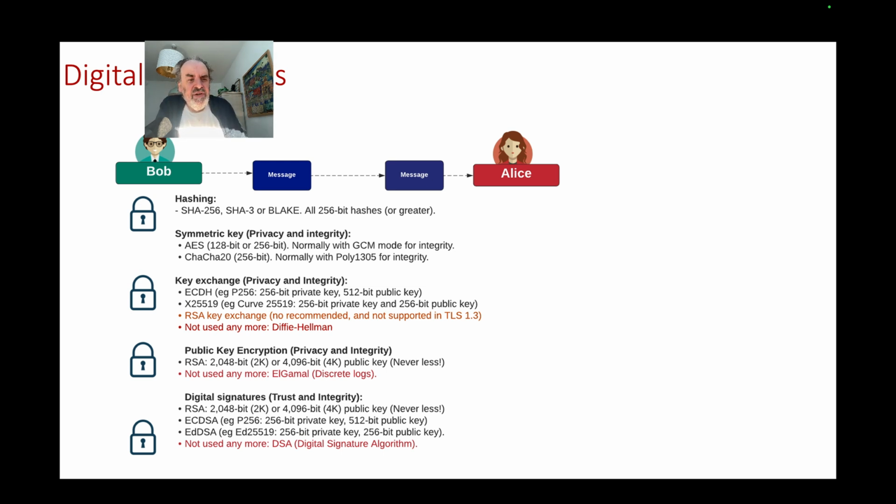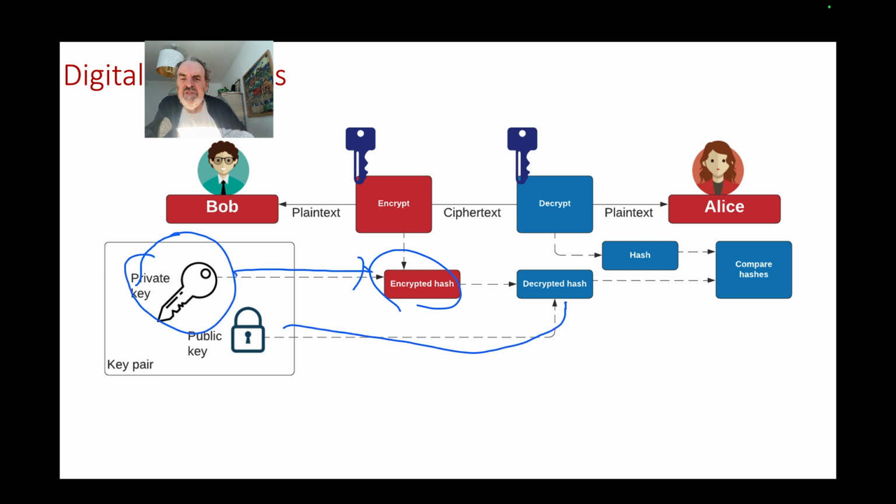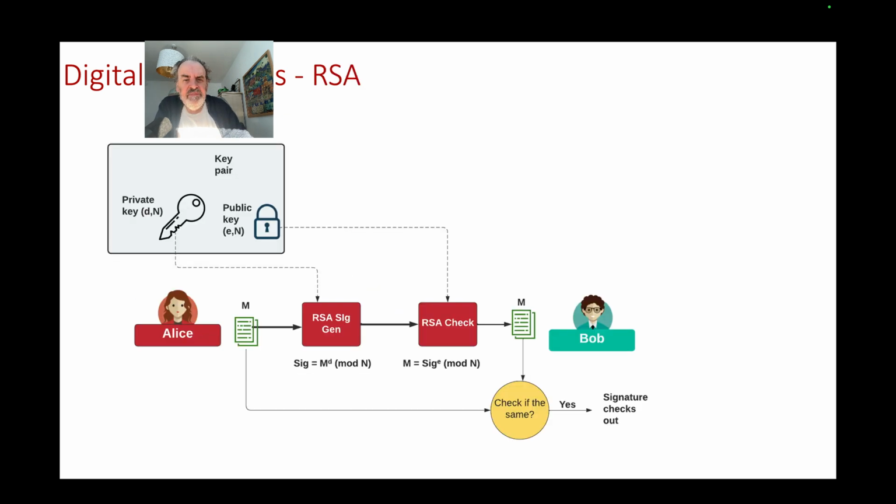Okay, so here are some of the methods that we use for our signatures: RSA, ECDSA, and EdDSA. With a signature, we take a hash, and then we sign that hash with the private key. We then send that signature over, and then we can use the public key to verify that signature.